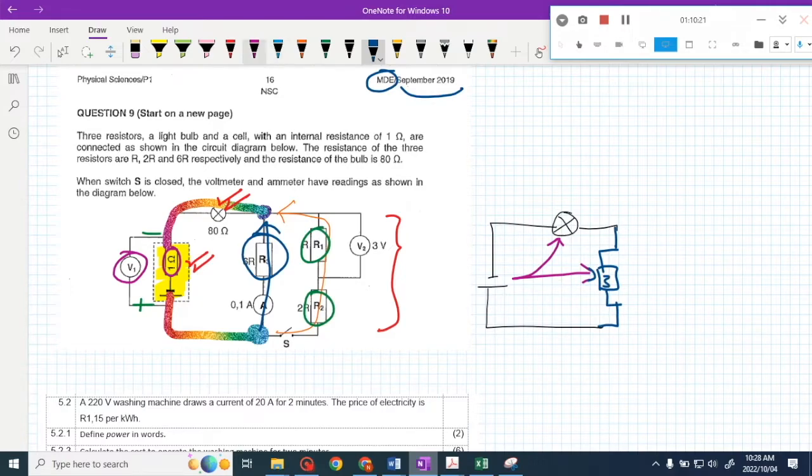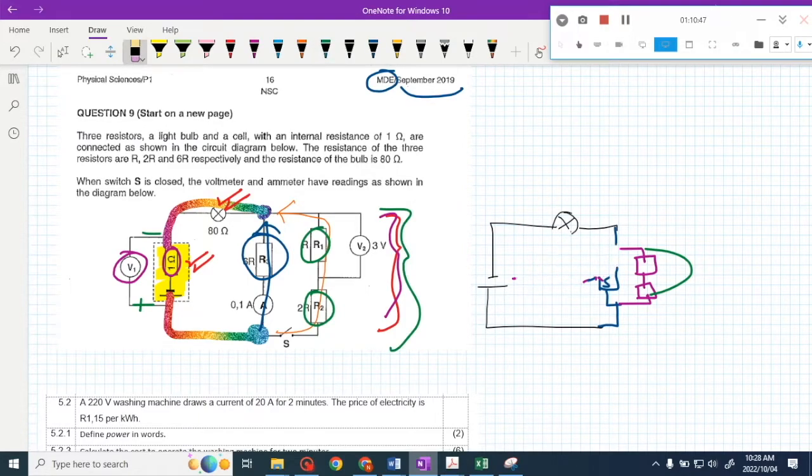We know that whatever is measured across the parallel connection is measured across R3, because R3 is alone in its part of the parallel connection. Then on this side over here, we have two resistors, R1 and R2. Across both of these, we have the potential difference across the 3 ohm resistor.